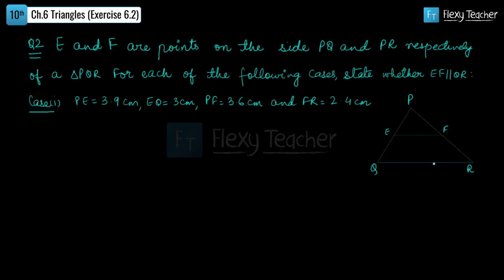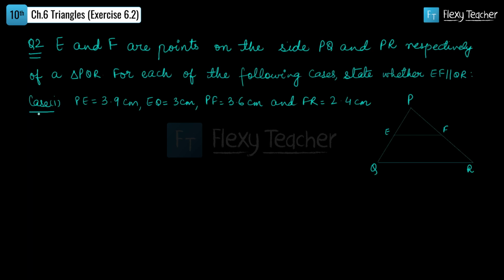So in case 1, PE is equal to 3.9, EQ is equal to 3 cm, PF is 3.6 centimeter and FR is 2.4. So friends, if we use theorem number 2, if PE upon EQ is equal to PF upon FR, then EF is parallel to QR.